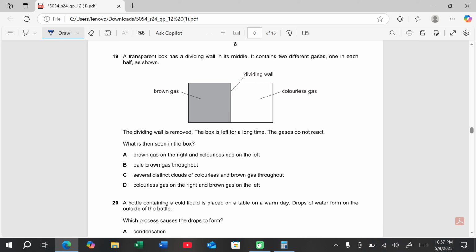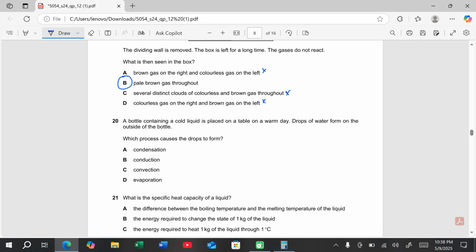The gas will be a little paler, so pale brown gas throughout. Brown gas on the right and colorless gas on the left is wrong, because these gases will mix together. Several distinct clouds of the brown gas? No, they'll be evenly mixed together because they are in constant random motion. Colorless gas on the right and the brown on the left is again wrong. So the only correct answer is pale brown gas throughout.